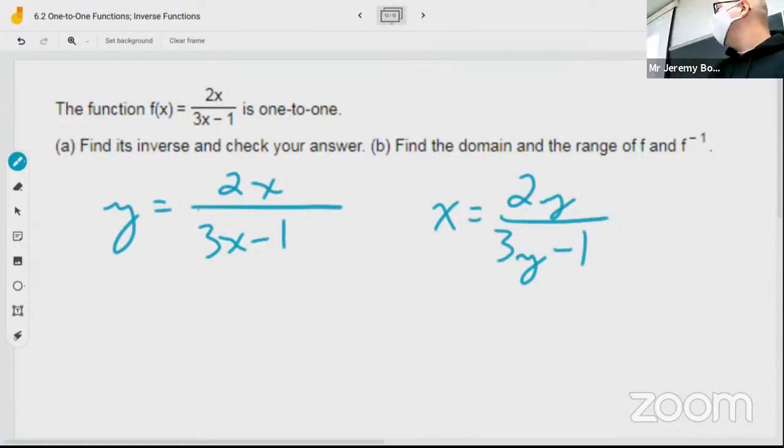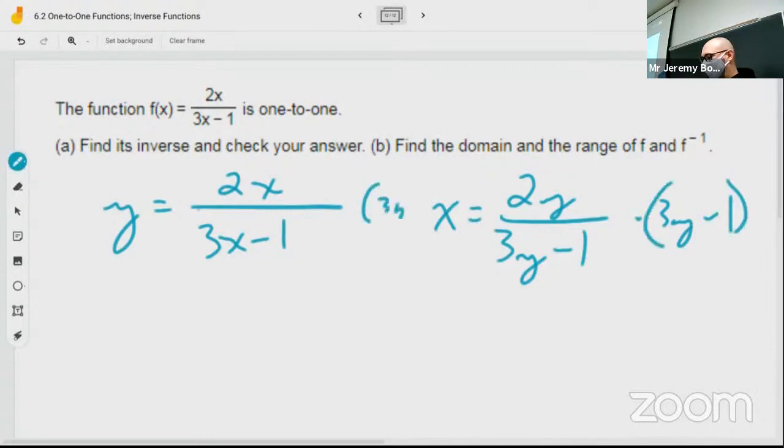And it's kind of a similar process to solve for y here as the last one. The only thing is we actually have a y in the numerator as well. So we're going to multiply both sides by 3y minus 1 again, similar to last problem. And so we're going to end up with 3xy minus x, when we distribute that x, it's going to equal this 2y.